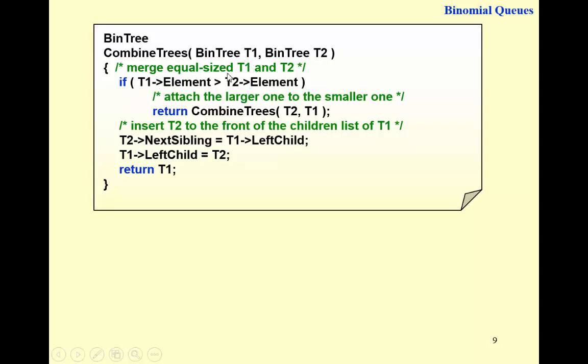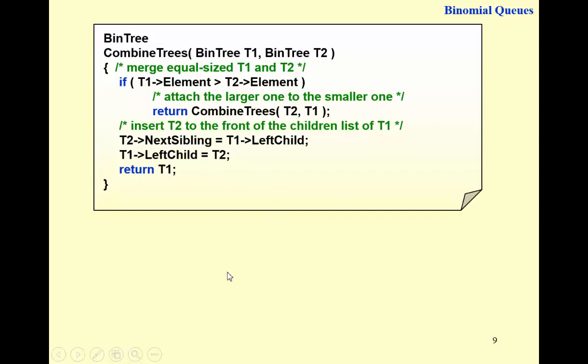If T2 is smaller than T1, then we should swap the positions of T1 and T2. So starting from this line, it is guaranteed that T1 contains the smaller key, and therefore it will be returned as the root of the resulting tree.